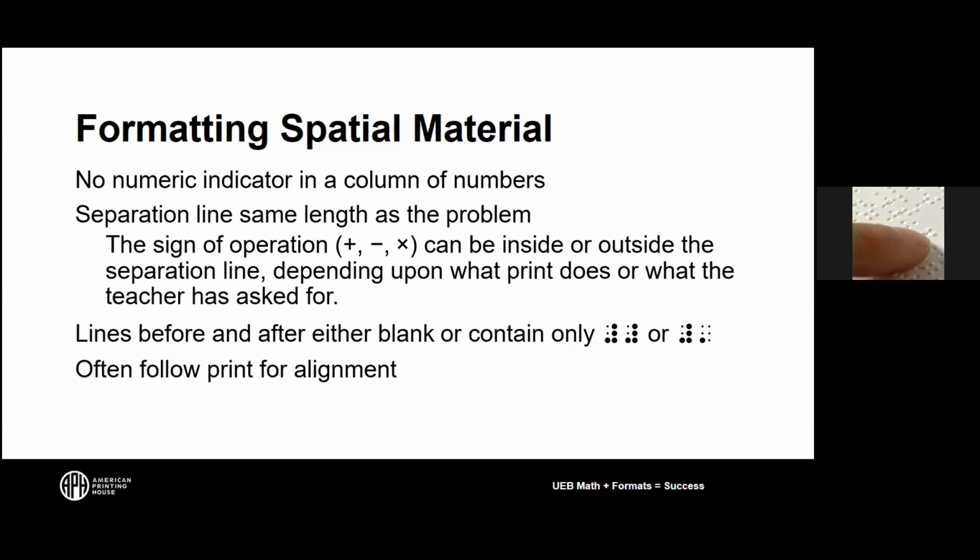And last but not least, often follow print for alignment. So print really is our reference for these spatial materials. It tends to make it easier for the Braille user and the print users in the classroom, probably including the teacher, to talk about the spatial material if it's laid out the same way in print and in Braille.